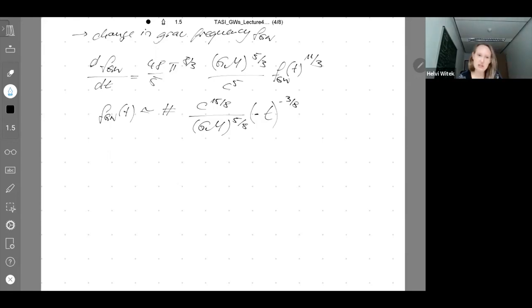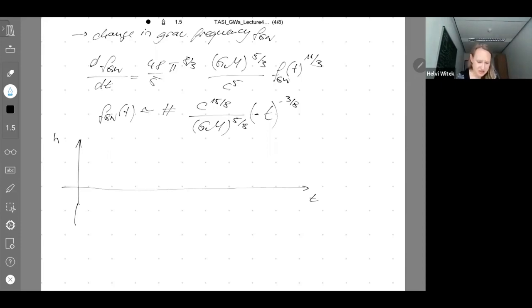So this is how the frequency of a gravitational wave evolves as a function of time, at least in the early in-spiral stages. If I sketch that, we go towards a similar plot that we've already seen yesterday. Let me plot here the gravitational wave strain or amplitude as a function of time.